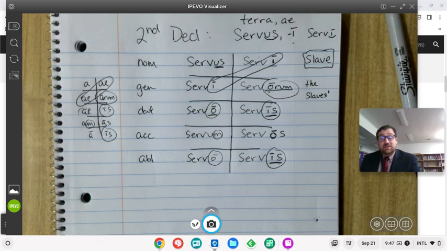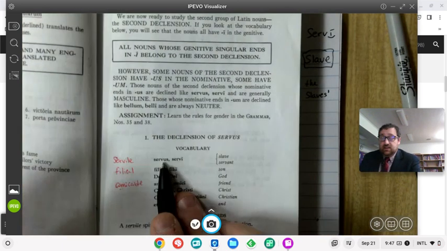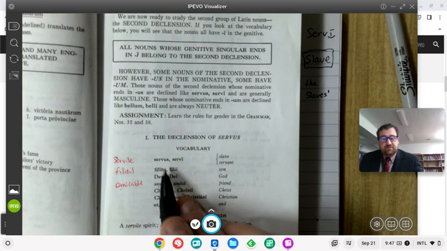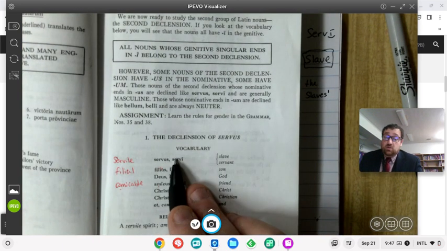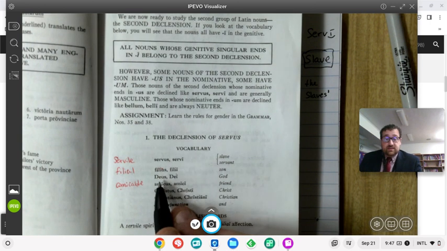These words tend to be masculine words, words in the second declension. So you might notice, a slave. Typically you think of a male slave. In fact, there was another word for female slave in the Roman Empire. Son is obviously masculine. God is masculine. Friend, obviously there are friends who are females, but it's kind of just a generic person word.